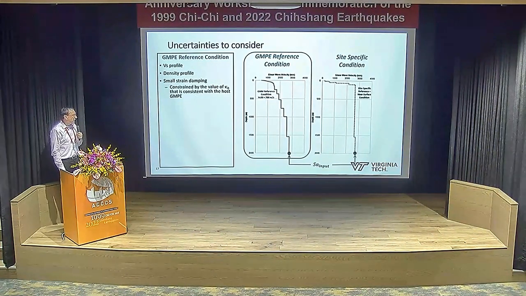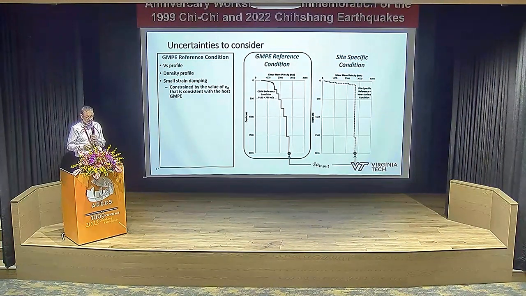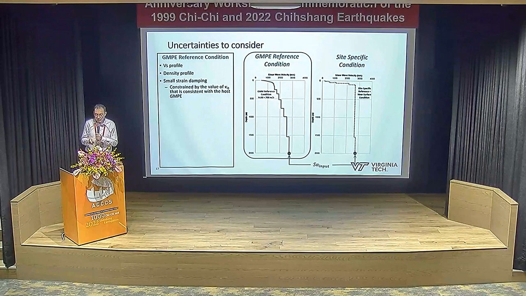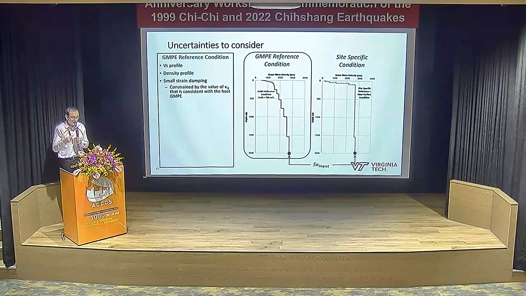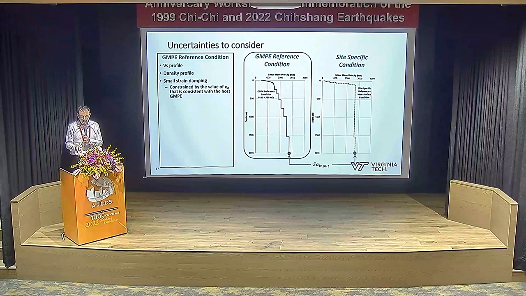Okay, so when we talk specifically about epistemic uncertainty in site response, we need to consider uncertainties, first of all, in the reference condition, in the profile and the density, and in the small strain damping, which is accounted for by the kappa parameter that essentially integrates damping across the entire profile.